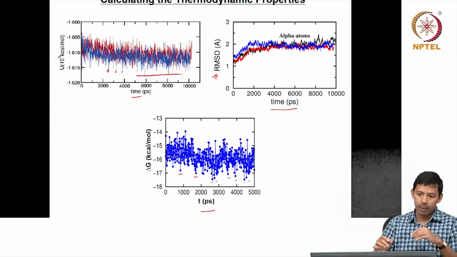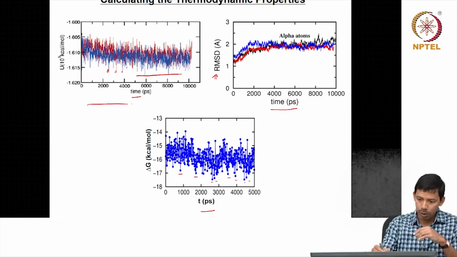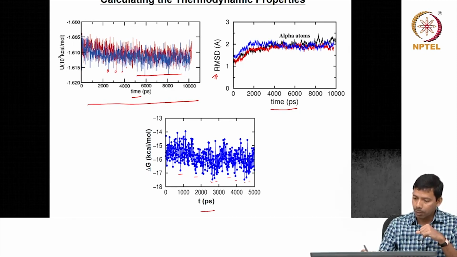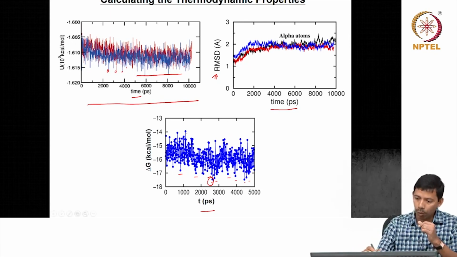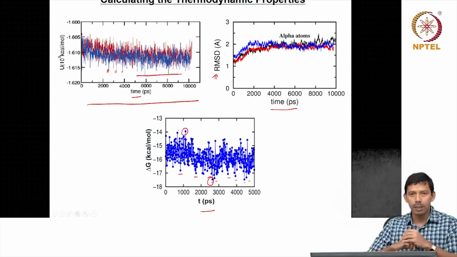I can always go back to my time evolution information, and from here I can get the structure of my protein ligand complex where the binding was the strongest, versus the one where the binding was the least.